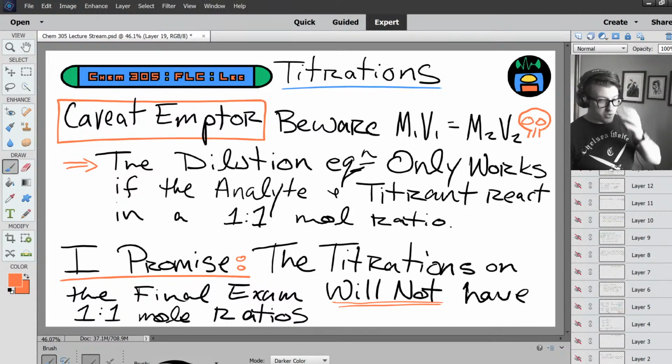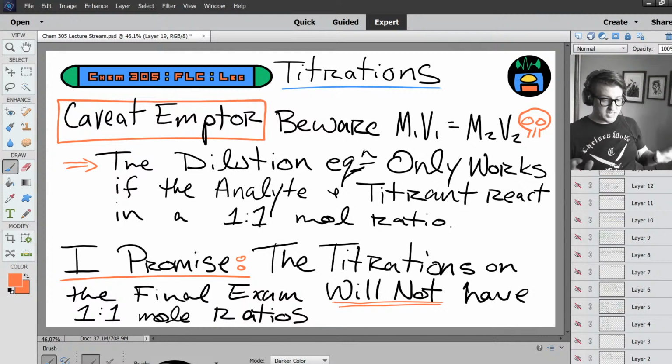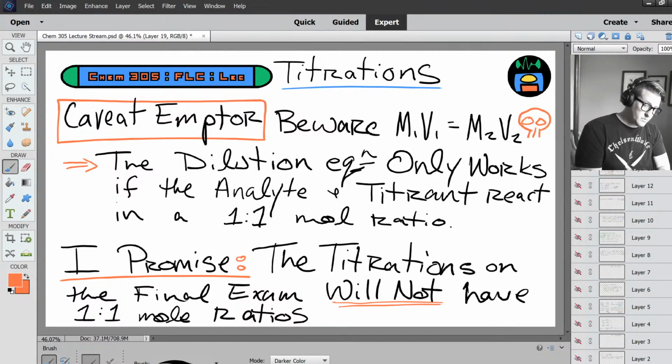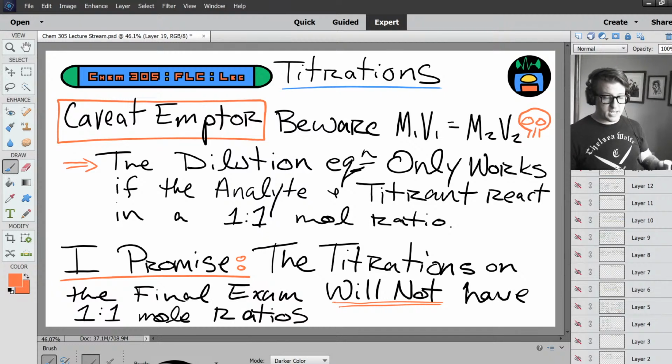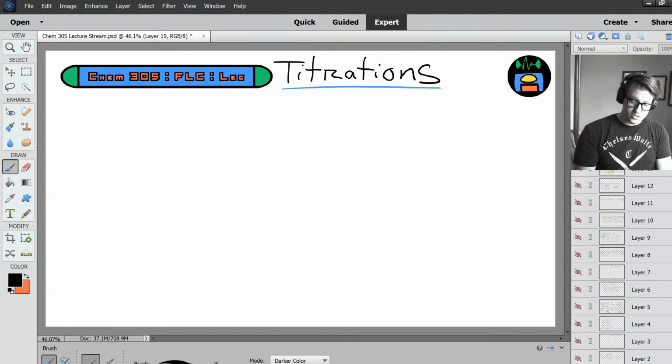So if you use the dilution equation on the final exam for the titration problems, you're going to get the wrong answer. Guaranteed. So always you want to approach these problems the way I showed you in this example. Write out the balanced chemical equation and use that to solve your problem.